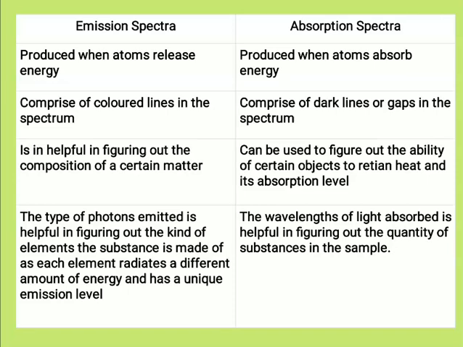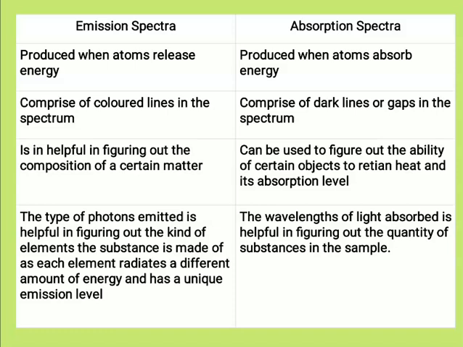In detail, number one, emission spectrum is produced when atoms release energy, but absorption spectrum is produced when atoms absorb energy. Number two, emission spectrum comprises colored lines in the spectrum, but absorption spectrum comprises dark lines in the spectrum.